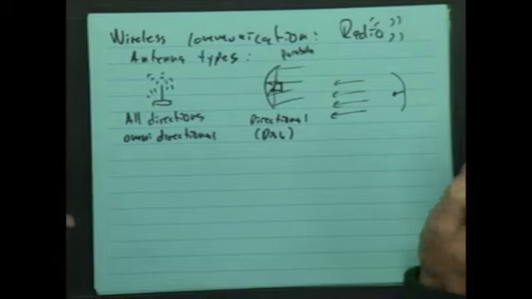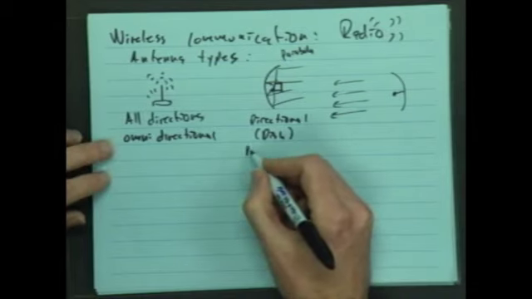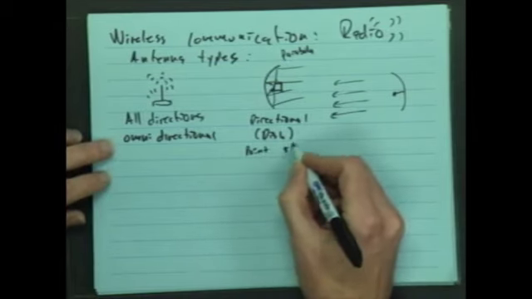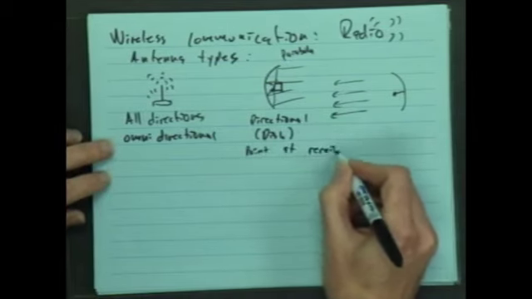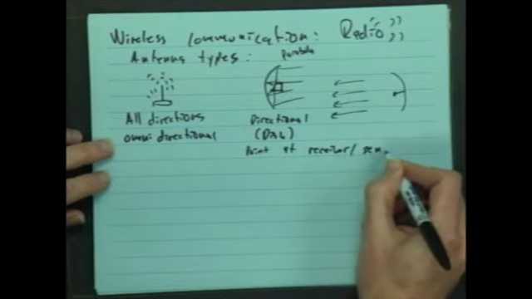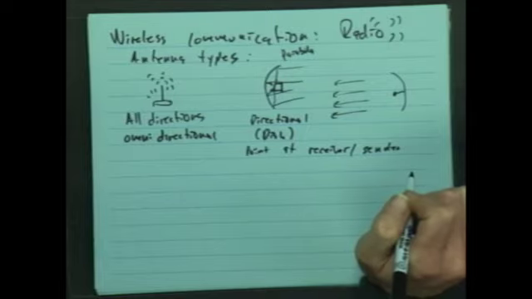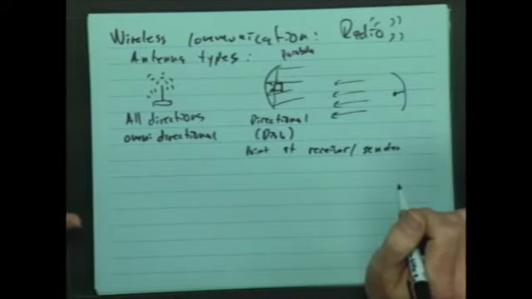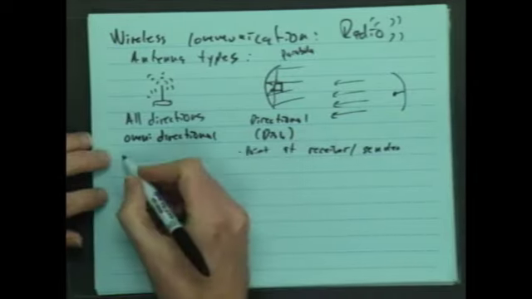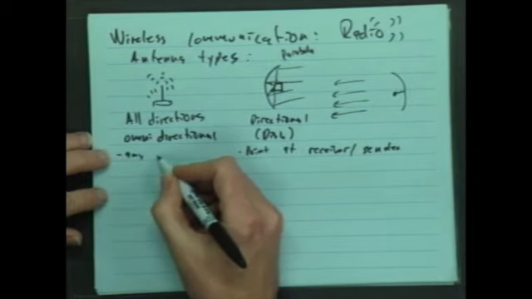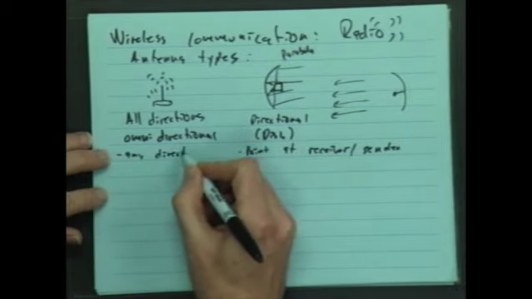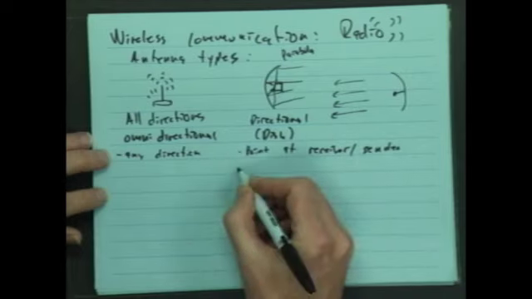Now, great thing about a directional antenna is you point at the receiver or the sender. So I have one dish on one side and one dish on the other. That is also the disadvantage of it. So an omnidirectional antenna can be basically pointed anywhere.